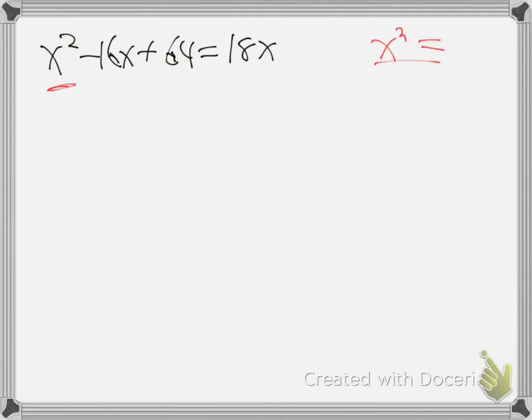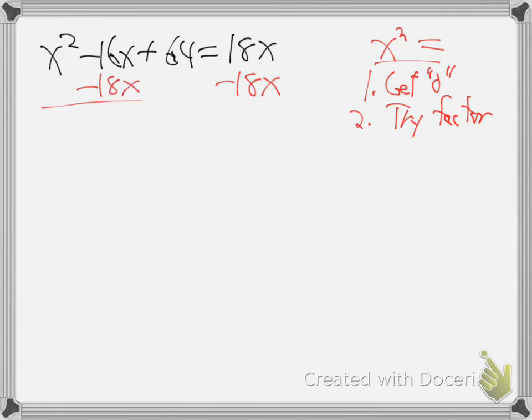What do you do when you get x squared? You get a 0. And you can try to factor, or if the factoring won't work, do the quadratic formula. So minus 18x from both sides, and we get x squared minus 34x plus 64, and that's 0.